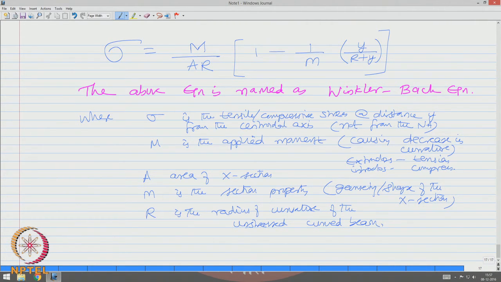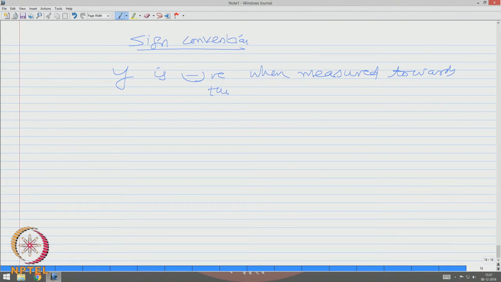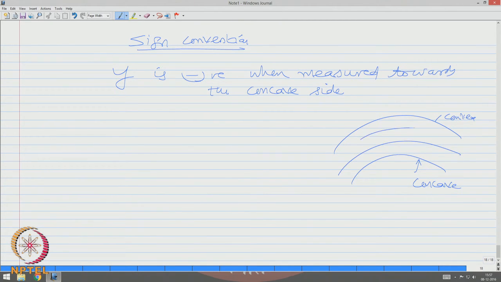This equation has a very interesting sign convention. Y is negative when measured towards the concave side. If this is my curved beam, this is my concave side, this is my convex side, y is measured positive the other way.